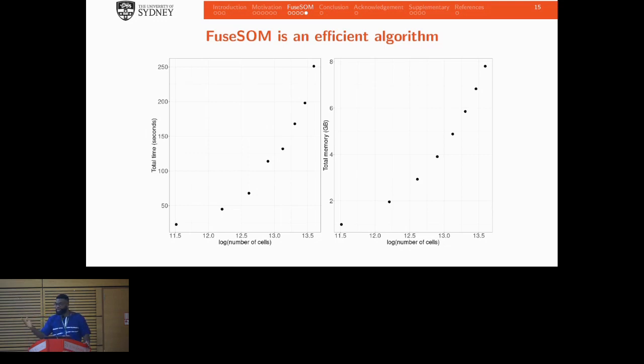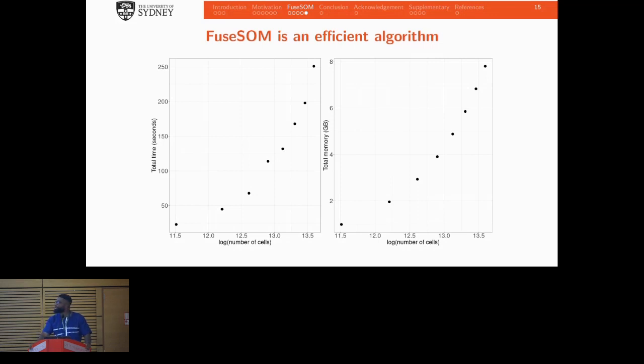So for about 1 million cells, I was able to run it in under 5 minutes on my computer, which is by no means a server that has lots of cores and memory. Also, the memory usage scales linearly with the size of the data in gigabytes. For about 1 million cells, it took me about 8 to 10 gigabytes of memory at the maximum.